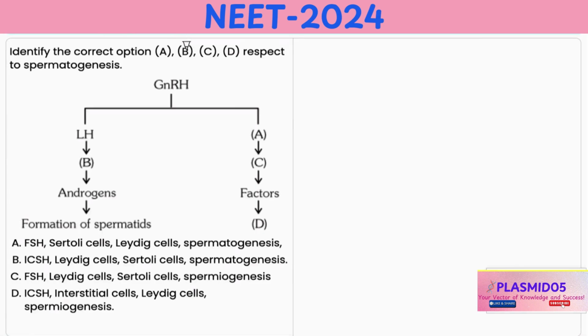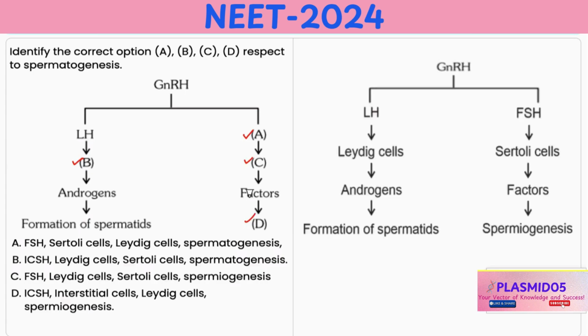In this question, a flowchart is given and you have to identify what are being denoted by the letters A, B, C and D. Now letter A denotes FSH, which is a pituitary hormone. Letter B denotes Leydig cells, which are found in the interstitial space outside of the seminiferous tubules.